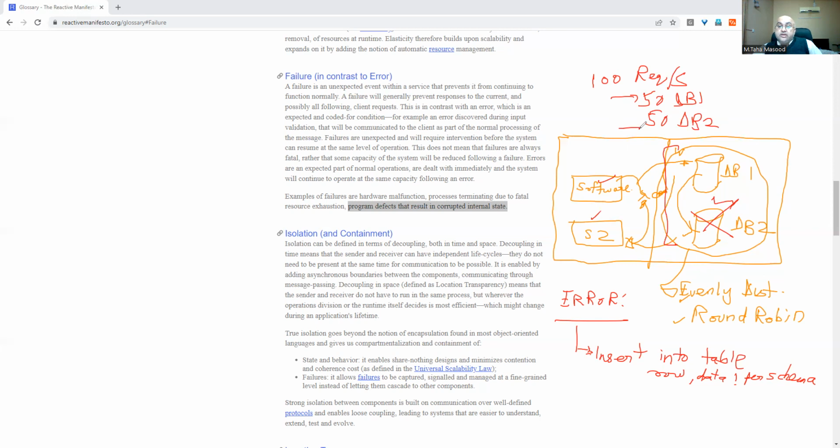Some internal load balancer within the DB cluster was doing this. This was opaque to the application software.